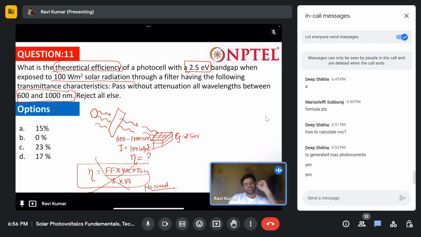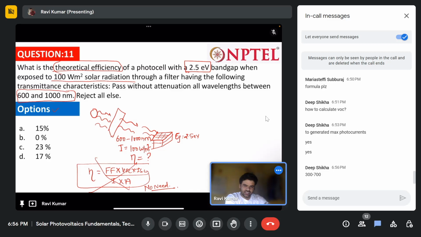Okay, the first step I'll tell you. What is the range of light which is coming on the surface of the solar cell? Let's solve together. Write in the chat box whatever I'm asking. 300 to 700.